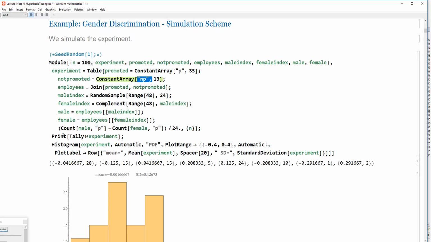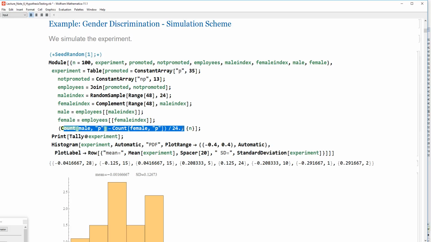And then I randomly assign 24 male indices and 24 female indices. In other words, I take these 48 strings, and for every single one I randomly assign the gender such that at the end I have equal portions of female and male. And then I count how many males promoted and how many females promoted I got, and take the difference.